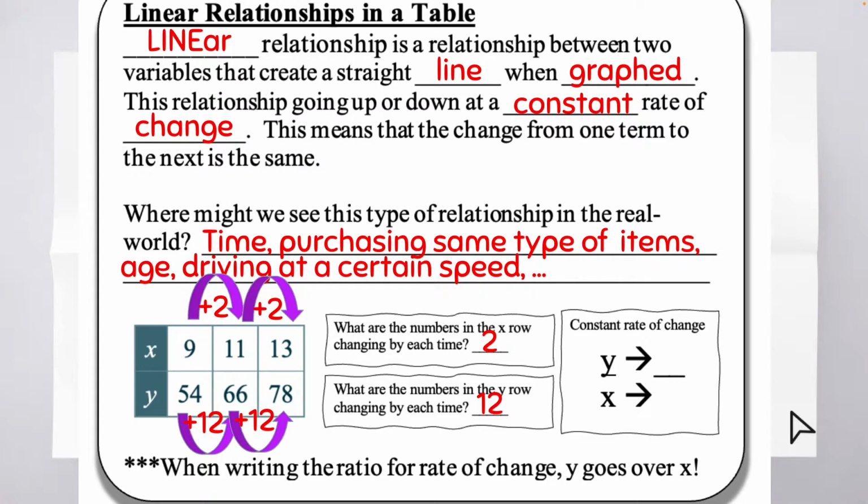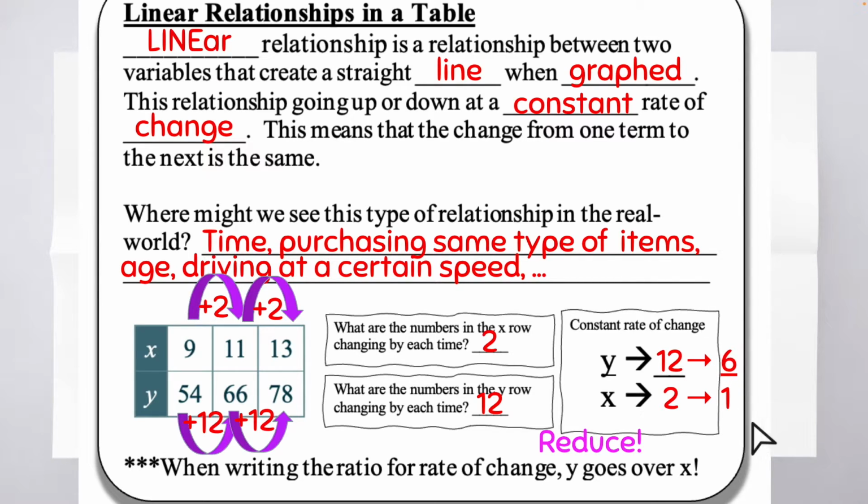So Y is going to be 12, X is going to be 2, and you want to make sure you reduce that because 12 and 2 can reduce. I can divide both by 2. 12 divided by 2 is 6, 2 divided by 2 is 1. So 6 over 1 would be the constant rate of change, which we could just write as 6. We wouldn't need the over 1 part.